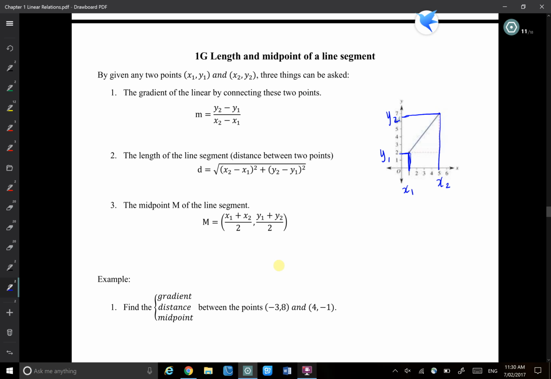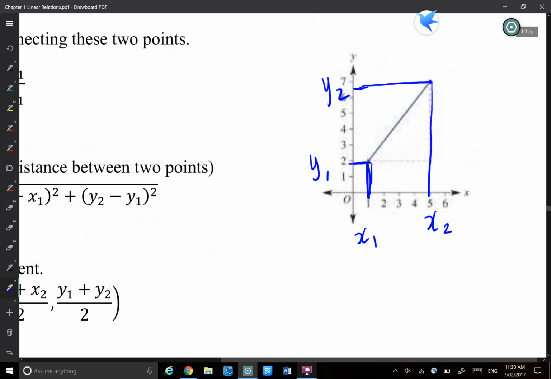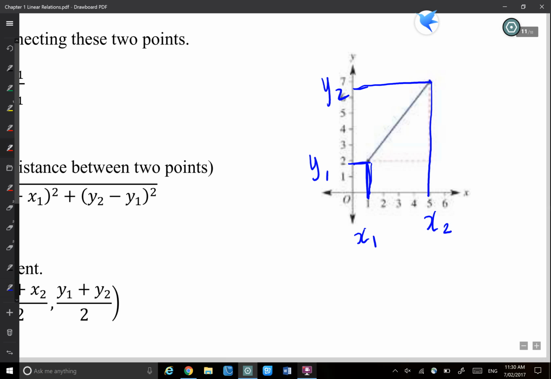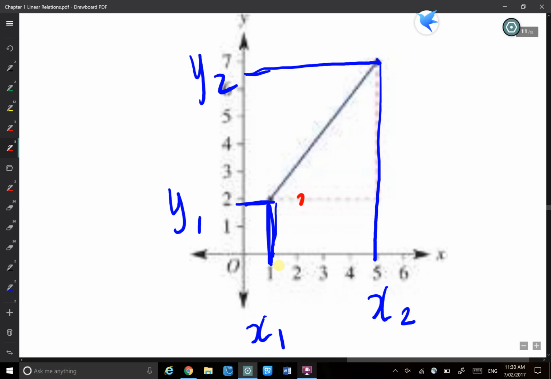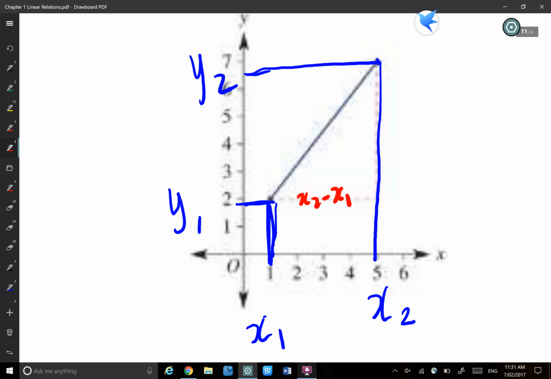So we're trying to find the length of this horizontal line. The length of this horizontal line must be x2 minus x1. The longer length from there to there is x2, subtract here, will give you the length here. So you have x2 minus x1 here.